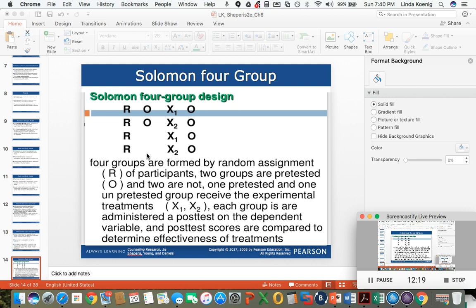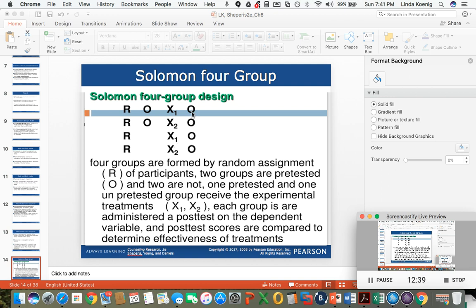All right. So then we have the interventions occurring here, and this group is getting the same intervention, and this group is getting the same intervention. And then at the end, we do a post-test.